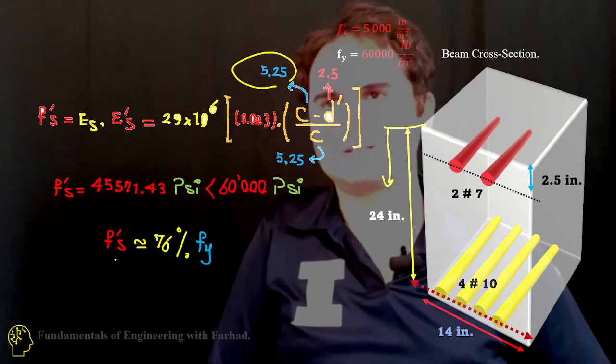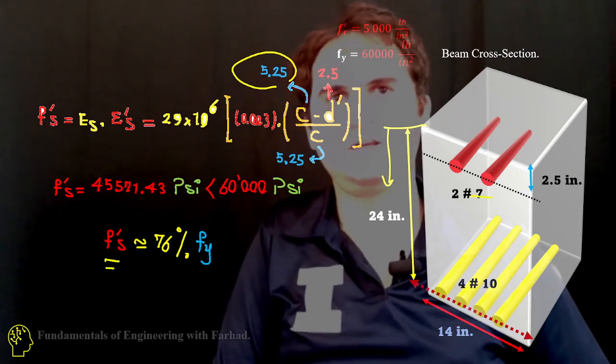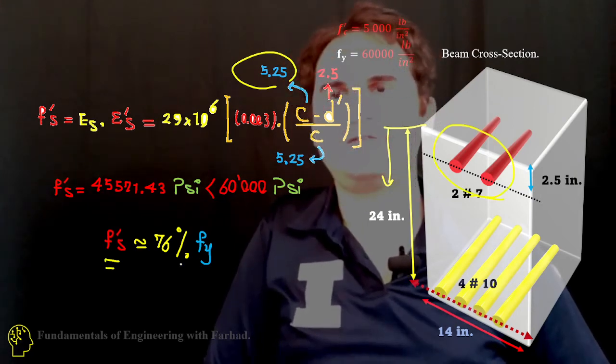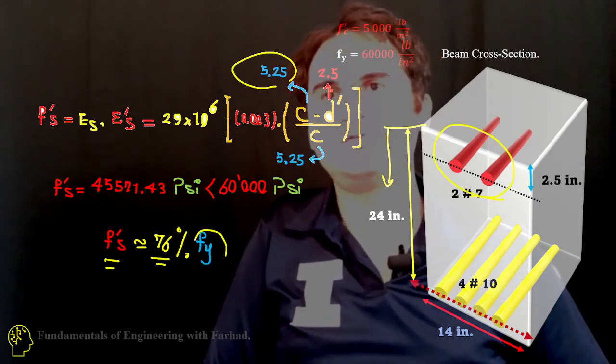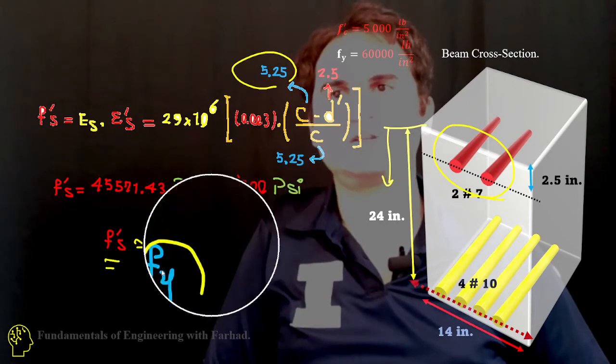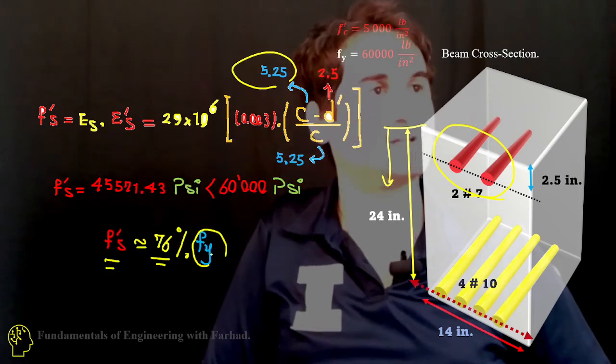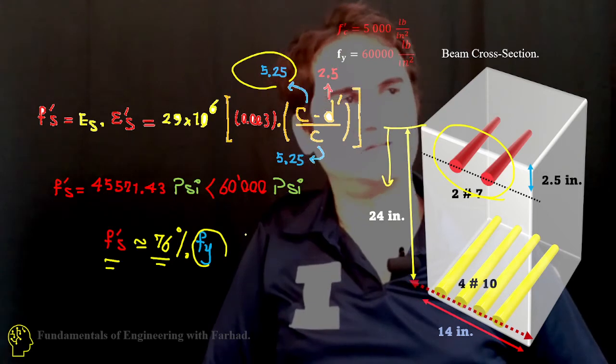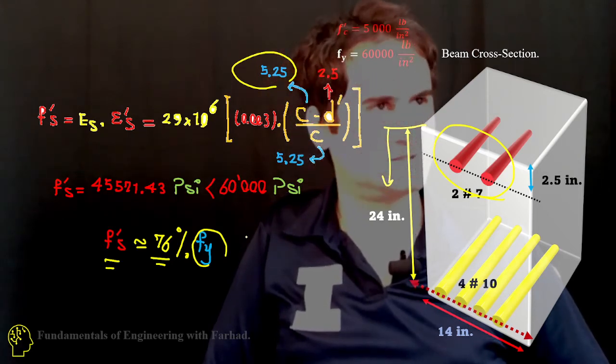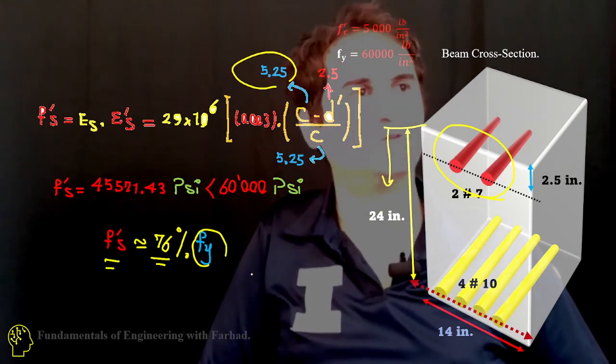So your compression steel of these two number 7 bars is not going to yield, but it reached something like 76% of yield. Most of the capacity is retrieved, but not fully.